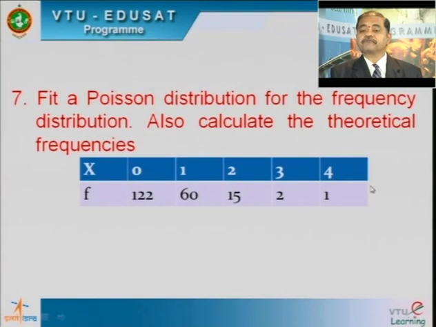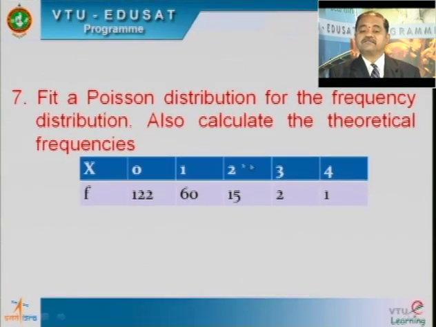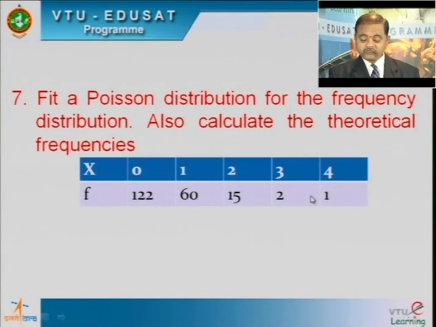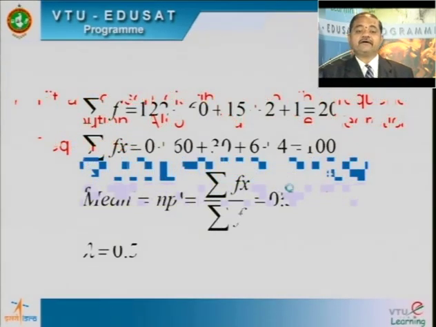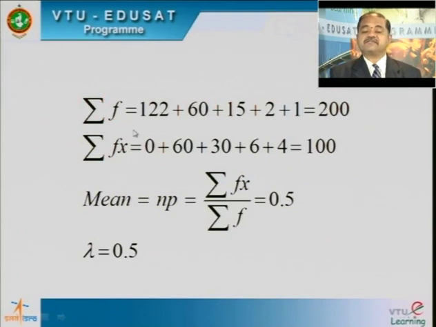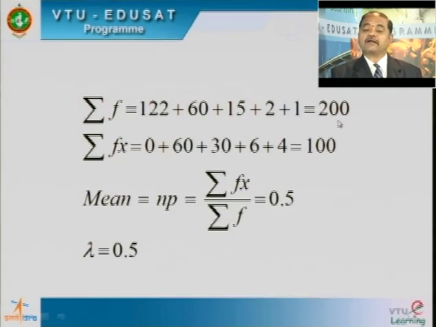0 to 4, so my n value is 4, as I told at the beginning of this class. 0, 1, 2, 3, 4, that means 5 values, minus 1. These are the frequencies. First find the summation of the frequencies: 122, 60, 15, 2, 1 turns out to 200.